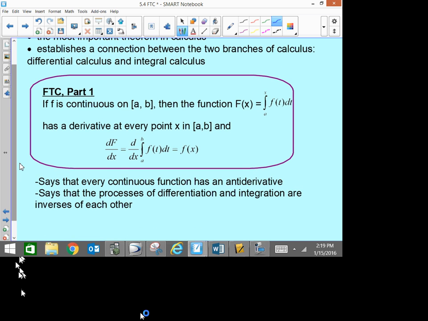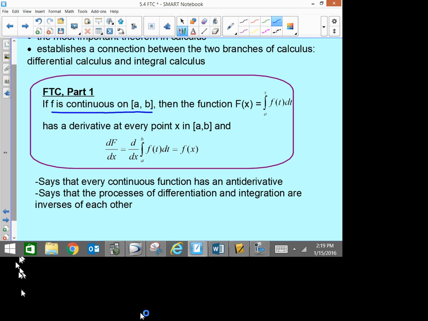Okay, so we're going to have two parts. Fundamental theorem, part 1 says f is continuous on the closed interval [a, b]. That seems to be what all of our theorems so far, EVT, MVT, have started out like that.